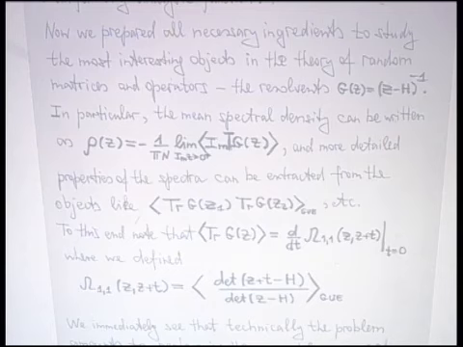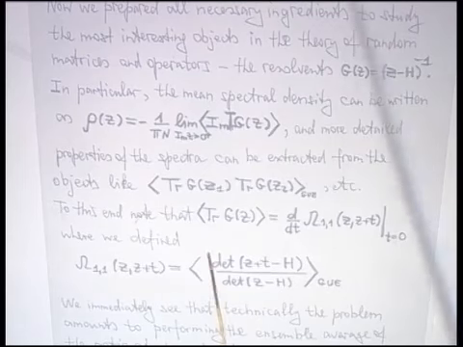All these tools were in fact preparatory towards the goal of evaluating something related to traces of the resolvent, or in the end of the day, entries or matrix elements of the resolvent. Let me start with the simplest object, which is the mean spectral density, and can be written down.